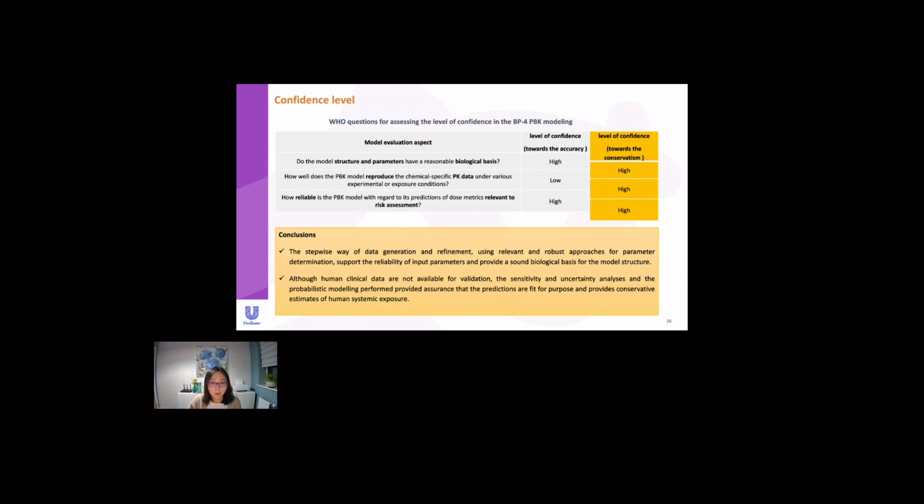How well does the model reproduce chemical-specific PK data? Unfortunately, the confidence is low because we've got no PK data. And I would say this would be the case for a lot of cosmetic ingredients, actually. And the third question is, how reliable is this model with regard to its prediction of those metrics relevant to risk assessment? I think the answer is again high.